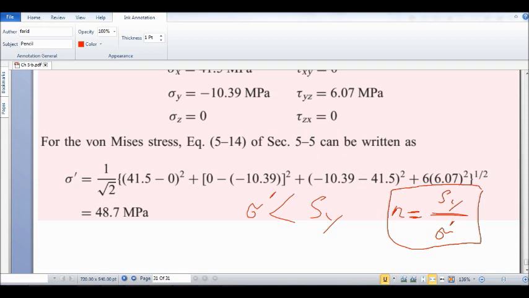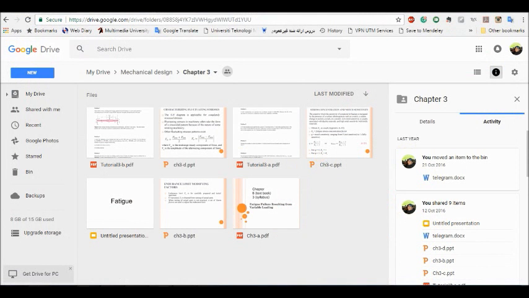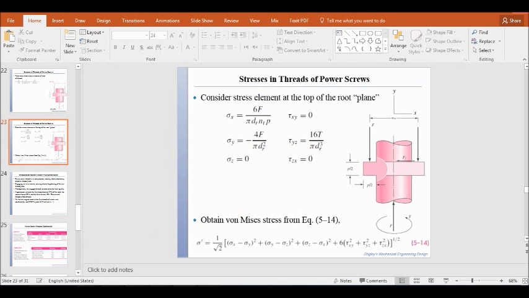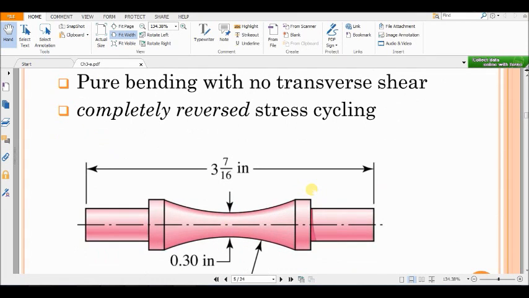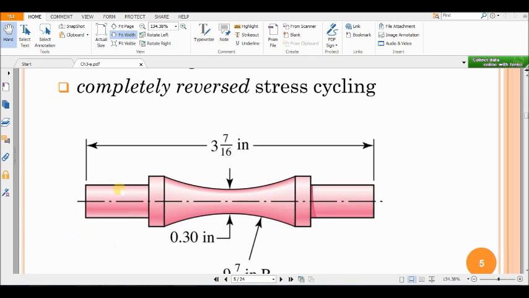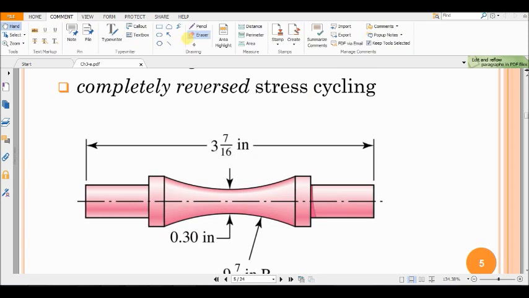So to find the life of a material, when we want to find the life of a specific material like aluminum, cast iron, or steel alloy, we have to make a specimen or sample with this geometry, and then we apply this constant load F at the center and it starts to rotate.